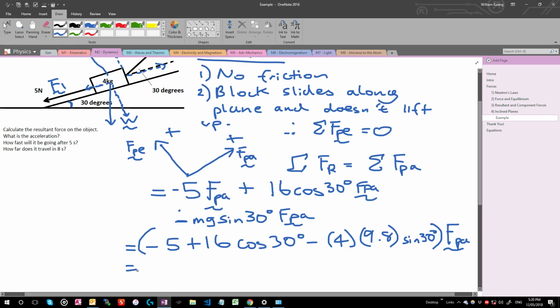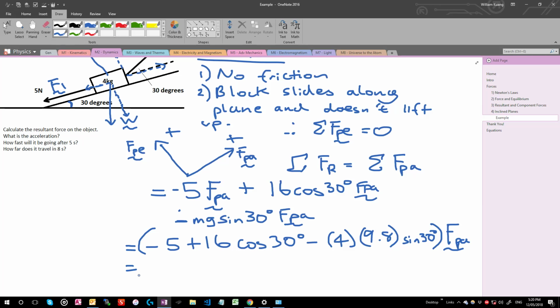Now, the rest of this is just simple calculation through substitution in the calculator. So I'm going to type -5 plus 16 cos 30 degrees minus 4 times 9.8 times sine 30.